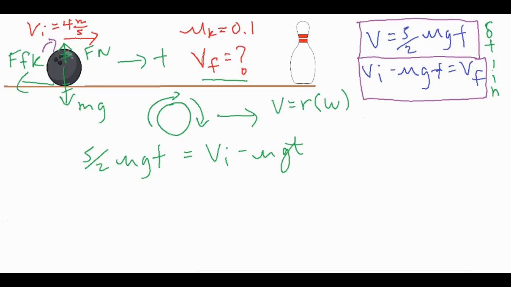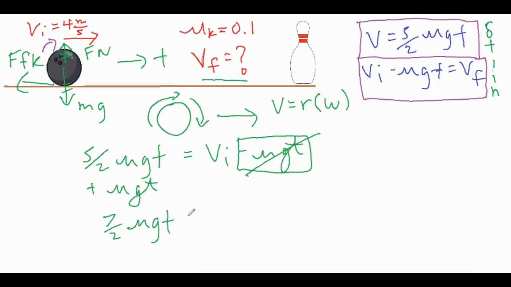From there, I'm going to solve for the time first. I'm going to add this mu GT to both sides to get this canceled. When I do that, I get 7/2 as my coefficient in front of the mu GT.